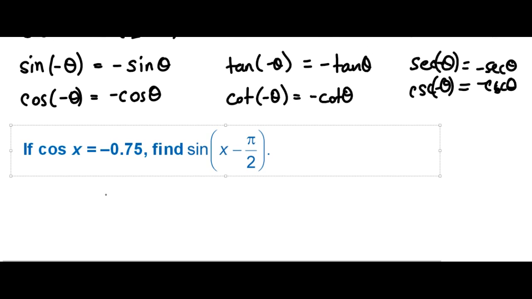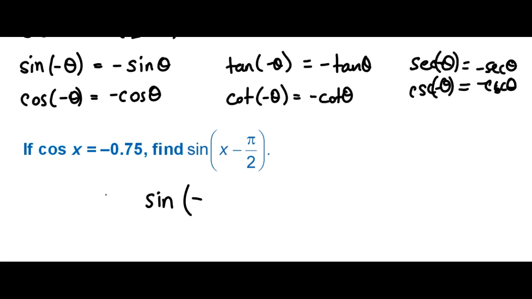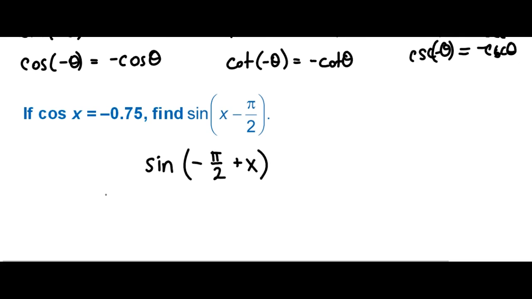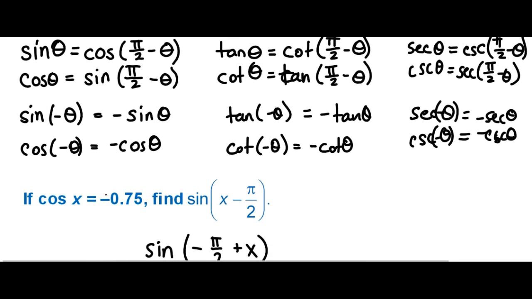So what we essentially have is sine of negative pi over 2 plus x, and if we take a negative out of each term, we can get this to say sine of negative, put this in brackets, pi over 2 minus x, which is a lot more similar to what we have in those relationships up here.